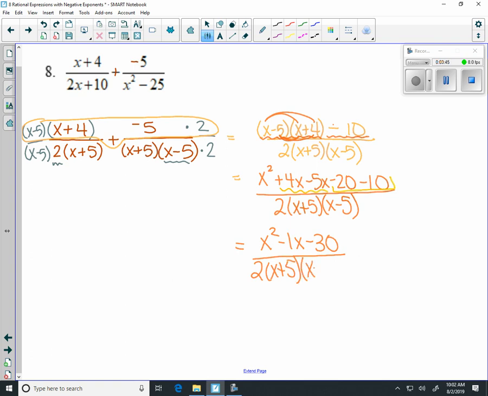I thought I remembered liking this problem quite a bit, because we're going to be able to factor and cancel now. So x squared minus x minus 30 is factorable. Two numbers that multiply to negative 30 and add to negative 1 are negative 6 and positive 5.